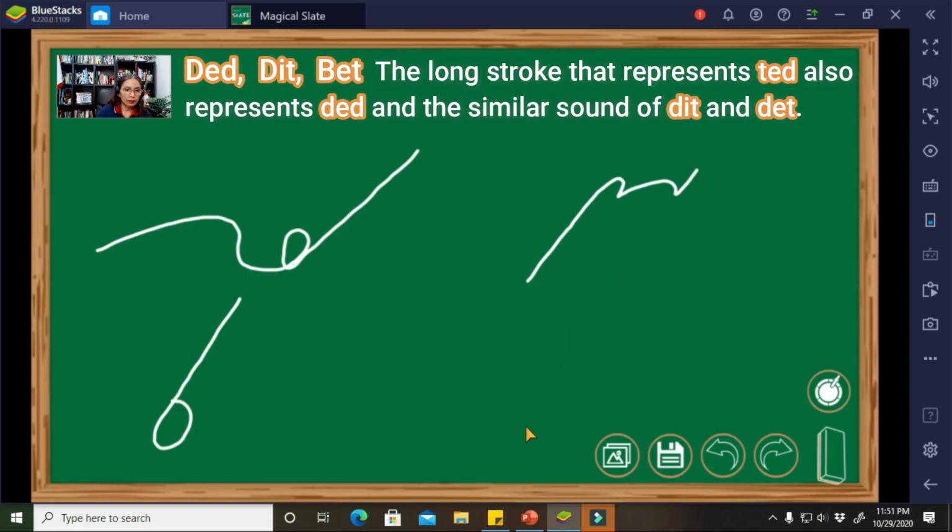Okay, and then we do have another deep hook there, and this one. Okay, let's try to answer this one.